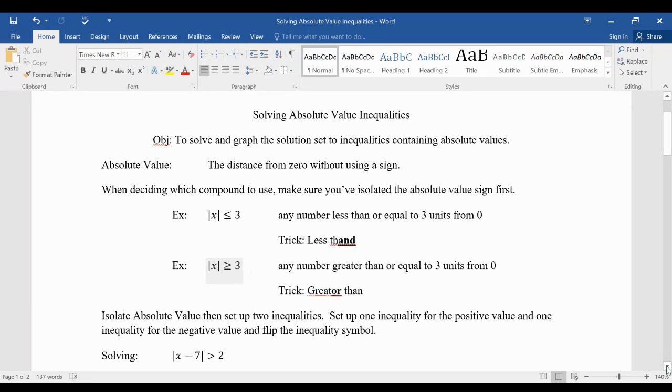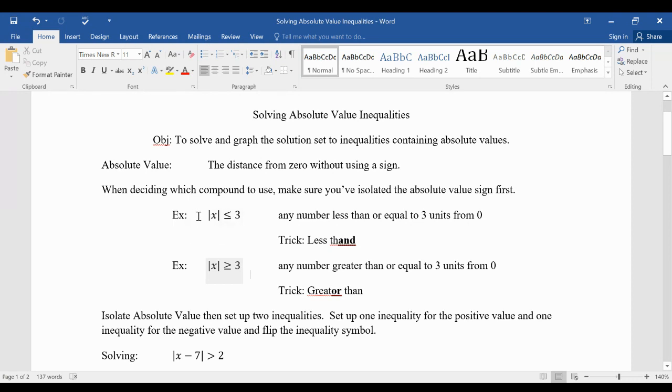So my trick, which I said, is when deciding which compound inequality to use, we want to take the time, get the absolute value on the left-hand side of the equation, and set it with the inequality on the right-hand side. I want to back out anything that might have been impacting this.